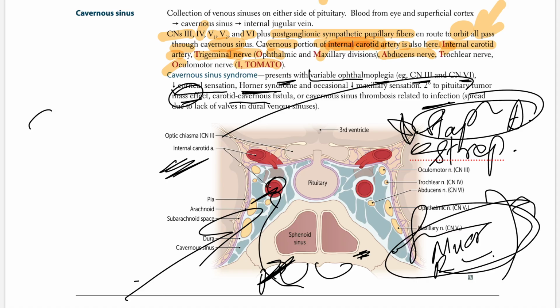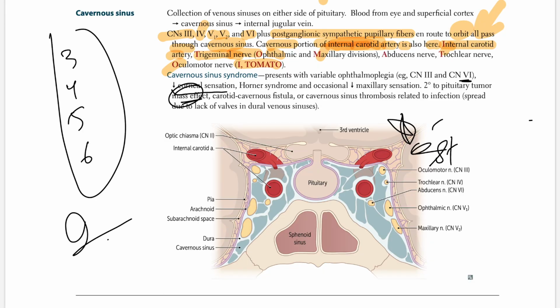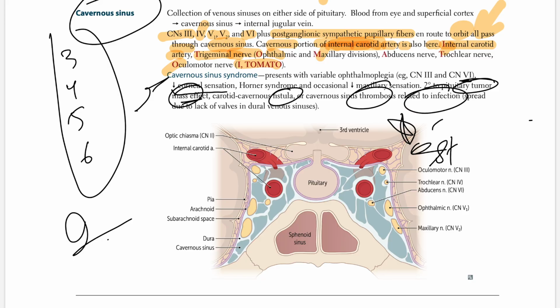Okay, so let's recall this one more time and move on to the next. All you've got to know is that the cavernous sinus is all about 3, 4, 5, 6, and the internal carotid. These structures run within the cavernous sinus. Anything that compresses it, like an infection, a tumor, a fistula or thrombosis due to infection, can cause problems in these structures.